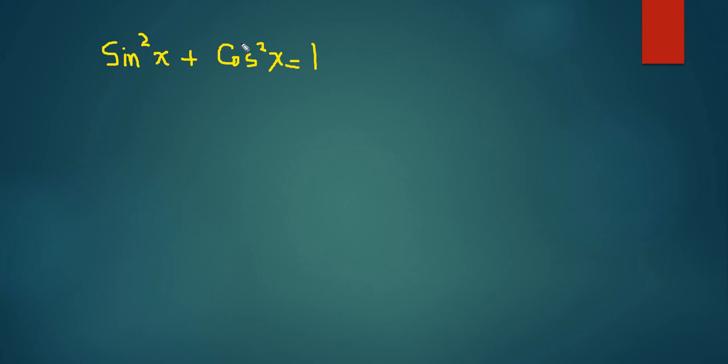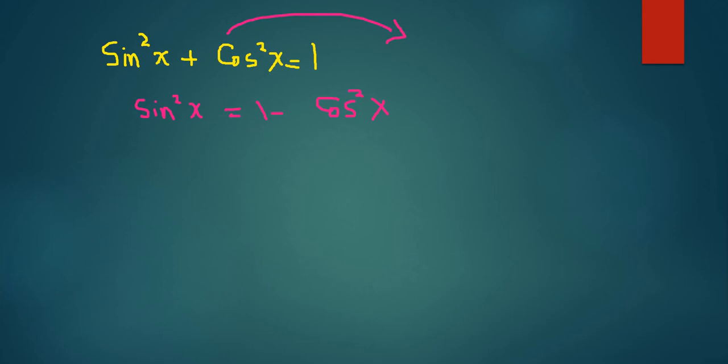But if we move cosine power 2x to the right hand side, we get sine power 2x equals 1 minus cosine power 2x.